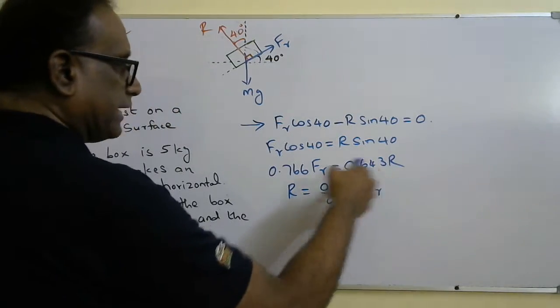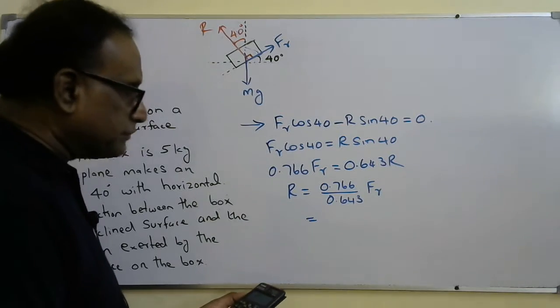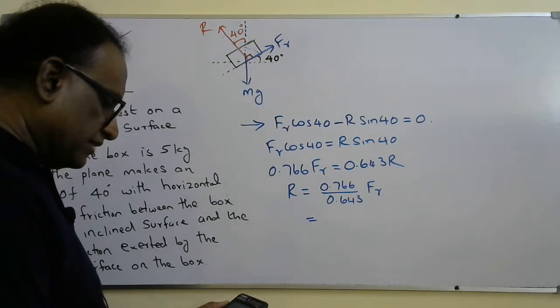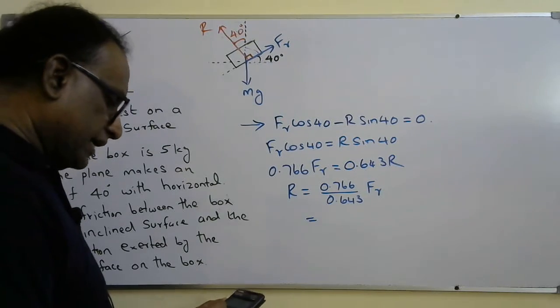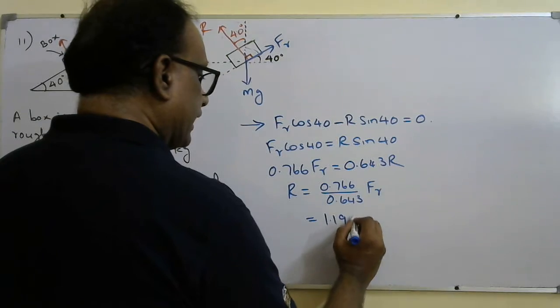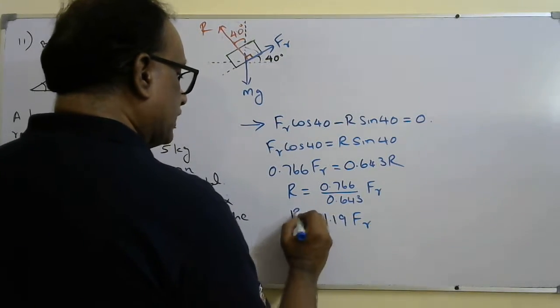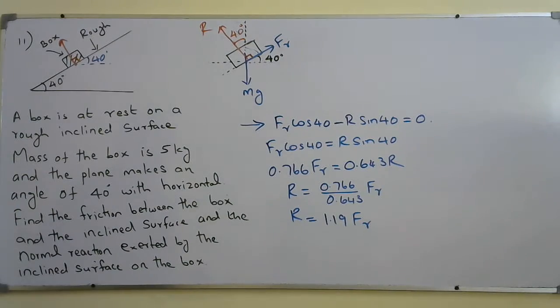R make the subject, bring it down, you can get it. But this is not the way we do this method, but I am just showing it. So 0.766 divided by 0.643, you will get 1.19. So 1.19 Fr. So the normal reaction and Fr have the relationship, that is 1.19.